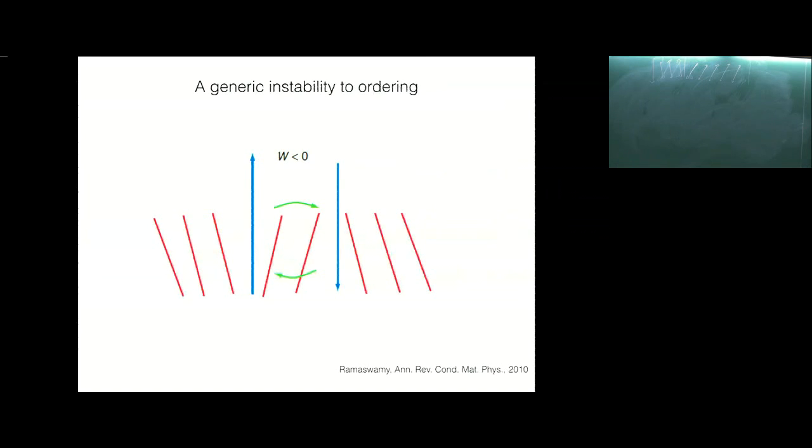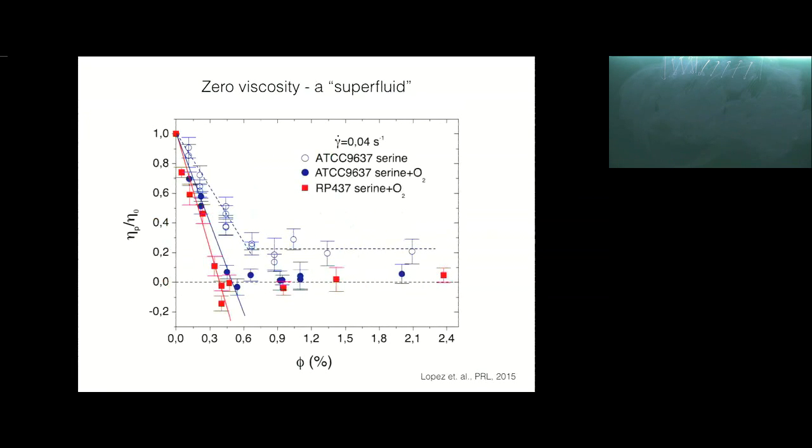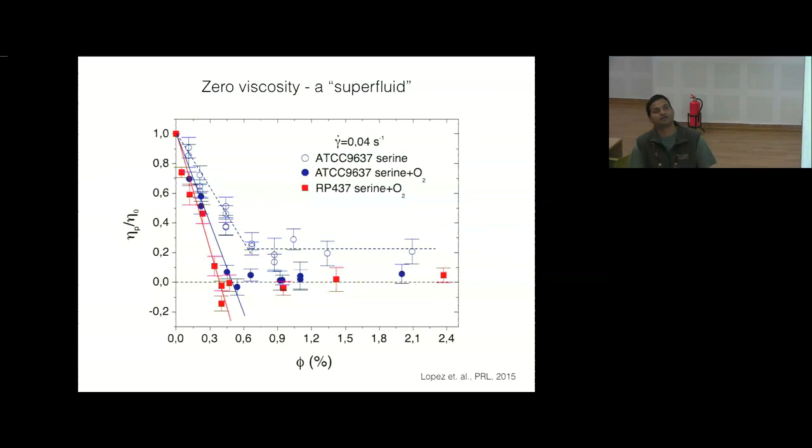Right, so that's exactly what I just told you. This ordered state is unstable, and then you get these turbulent-like motions. Okay. And so this zero viscosity is again a very similar consequence.